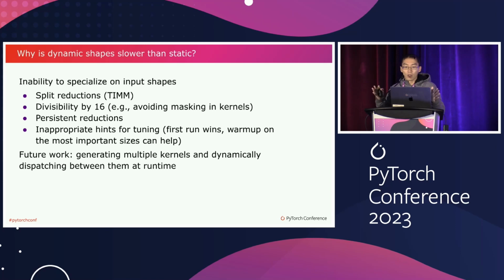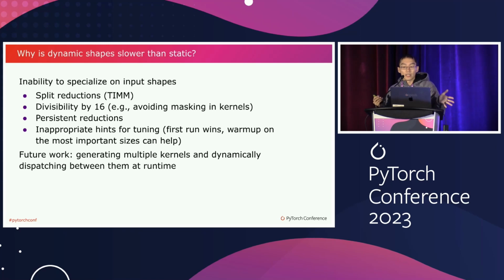But if there aren't enough rows and the reduction dimension is large, it is profitable to split the reduction so that you have more parallel work to do. But with dynamic shapes, you don't know how big your dimensions are. You have to defer this split decision to runtime when we know the actual sizes of all the dimensions. Our current heuristic is to just take the sizes at the time we were compiling and hope that the splits work for all these sizes. But that may lead to suboptimal decisions.